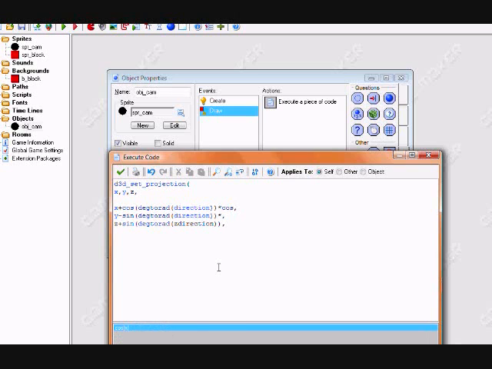So go back up here, type in cosine, degtorad, z direction. Go down here, type in cosine, degtorad, z direction. Alrighty, so that's how to find out where we're looking.